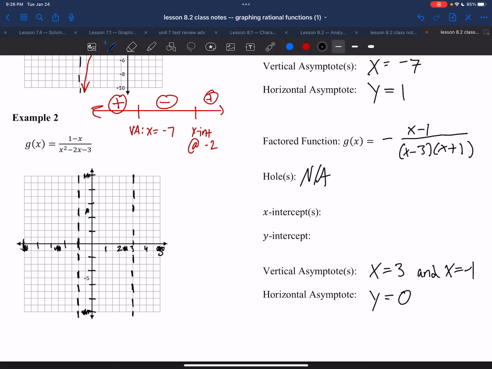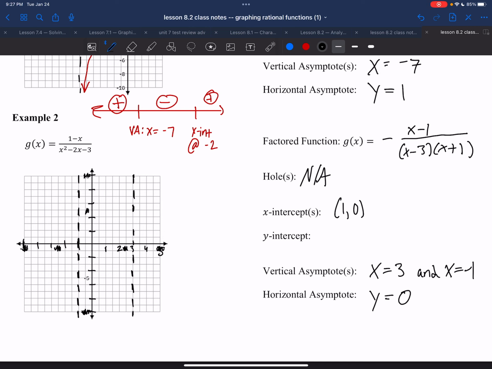Anyway, the bottom's going to outgrow the top, so it's going to get smaller faster, and y is going to approach 0 as you tend towards positive and negative infinity. Okay, and then for x-intercept, set the numerator equal to 0, so x is 1, because 1 minus 1 equals 0 in the top.